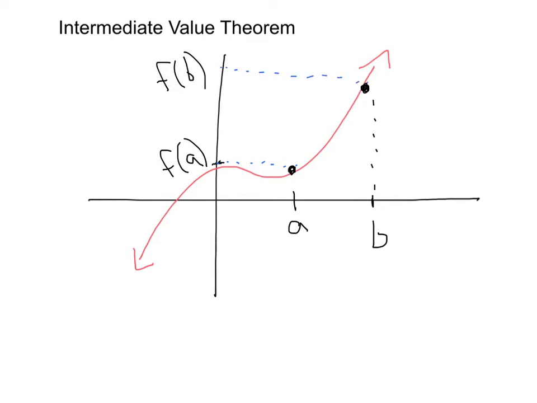In between these two points, A and B, for every y value that's between f of a and f of b, there is an x value, and that x value we could call c. At this x value, there is an f of c that reaches all of these y values.